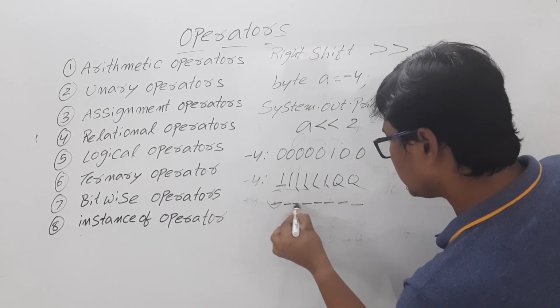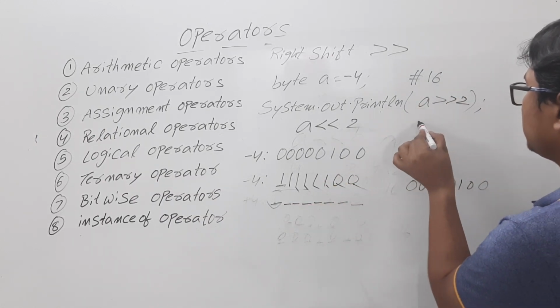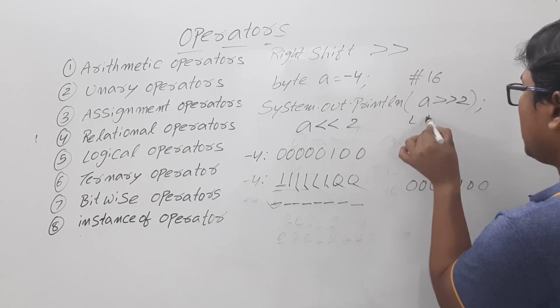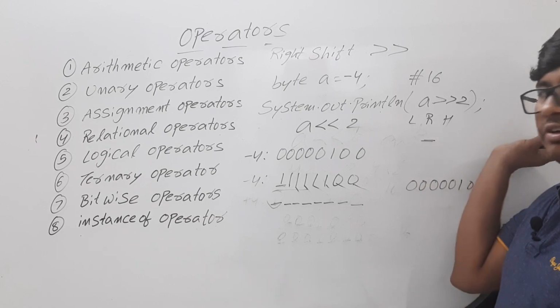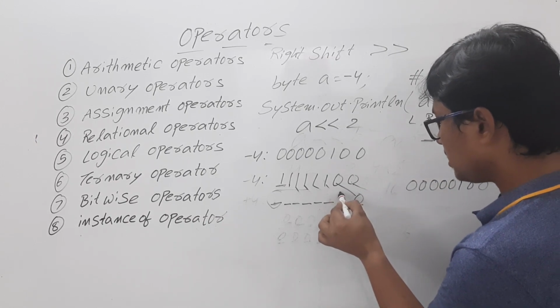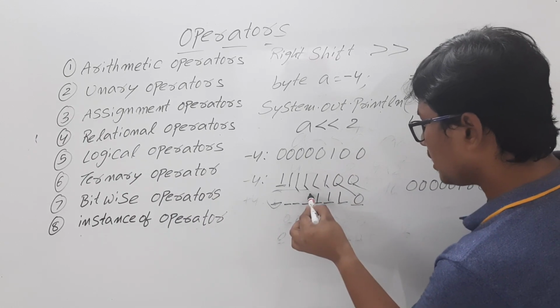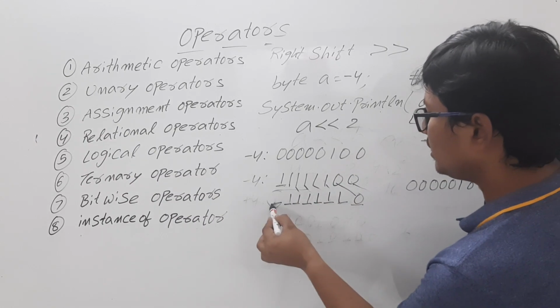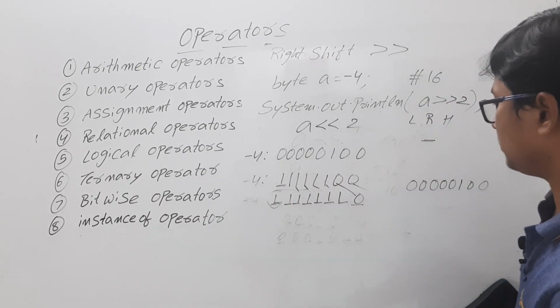This 0 you will lose if you perform right shift. Suppose a person was sitting, if I perform right shift, this person will fall down. So this 0 you will lose. This 0 will come here, and 1 1 1, and then 1 1, and here what you need to keep? What is the sign bit? As it is you will keep.